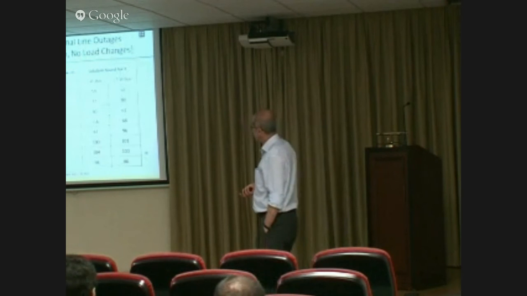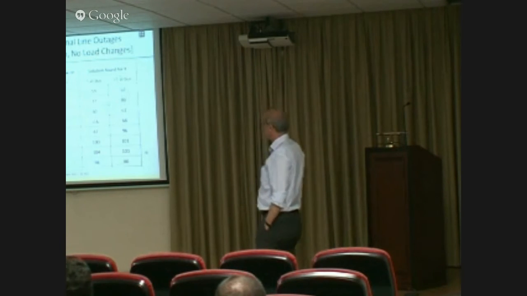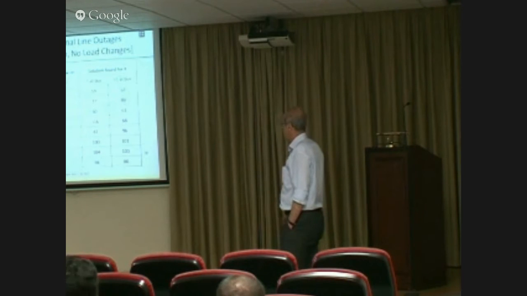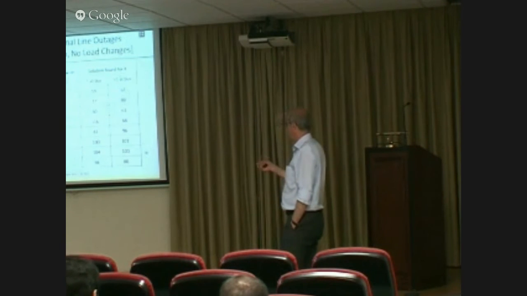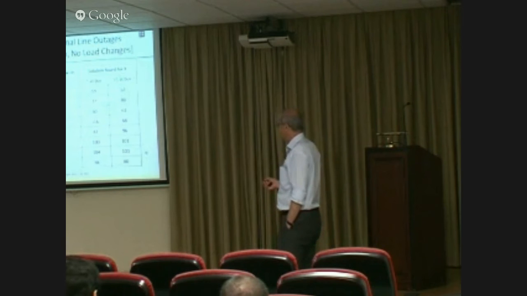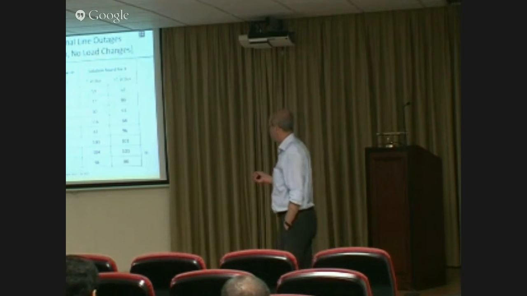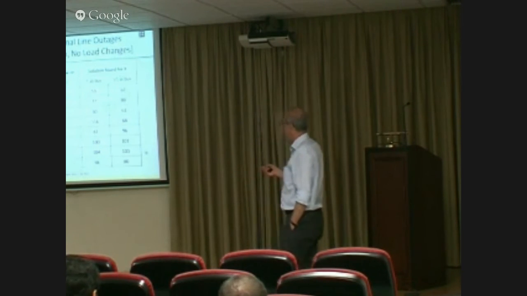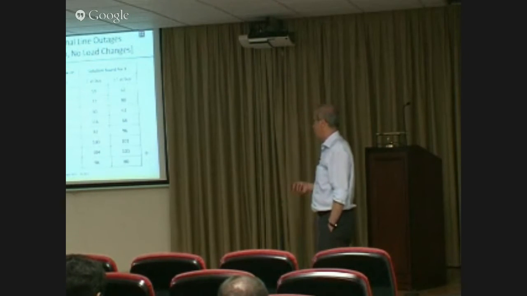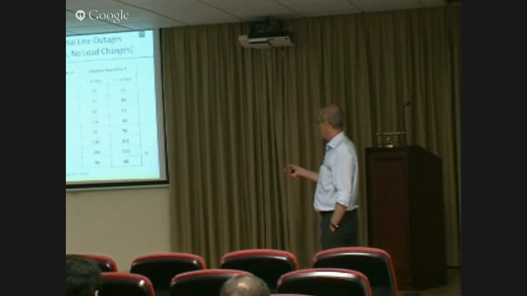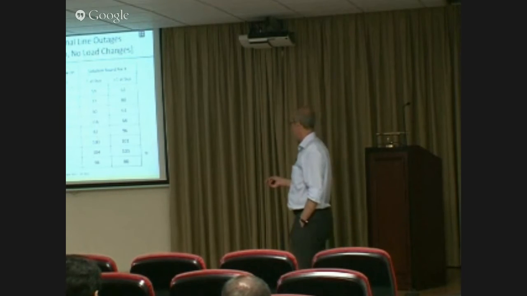If you apply this and use the DC approximate model with no load changes, we get results here, which is just a verification that it's actually working. These are the outage lines, and then it finds these plus and minus 1 points at the terminals of these lines for each case. And this shows the pre-outage flow on the removed line, to show that there are small flows and large flows in these different cases.